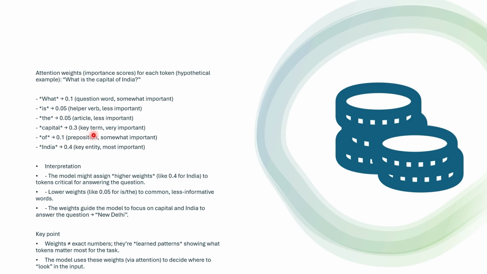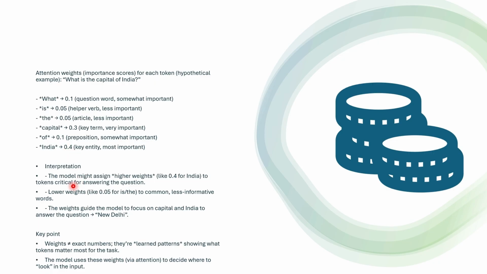This will actually help the GPT model to frame the answer for your question, and hence it is very important and is given a score of 0.3. Of again is a preposition, so somewhat important, not that much, and hence 0.1 again. India is the key entity which is most important for the model to understand and draft your response, and hence it is given the highest score, which is 0.4.